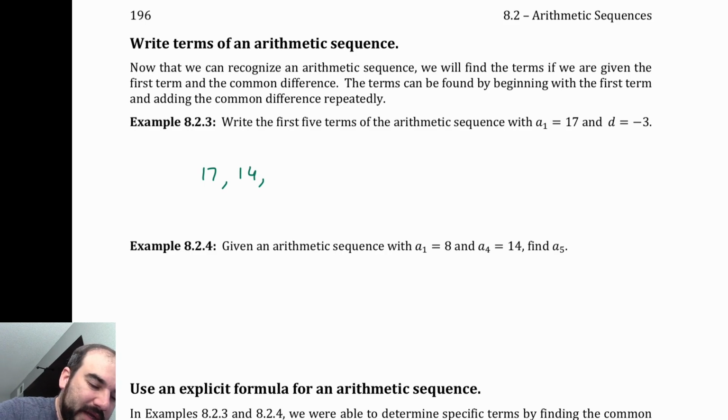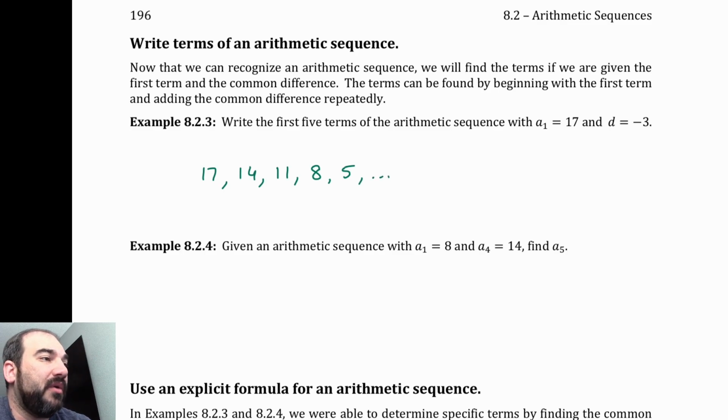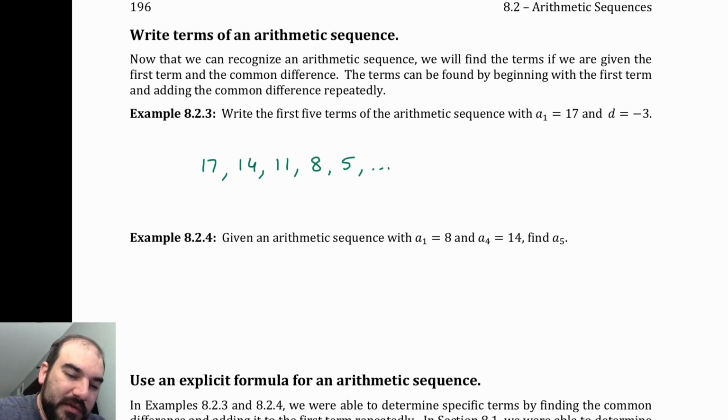If I add negative 3 again to that, that gives me 11. Continuing to add negative 3 over and over again, we get the first 5 terms, and then we can say dot, dot, dot to continue on the sequence. Okay, so knowing the first term and the common difference gives us a way to get from one term to another.